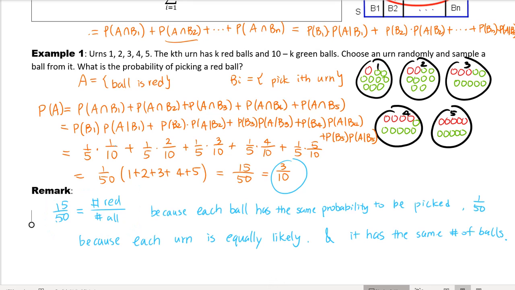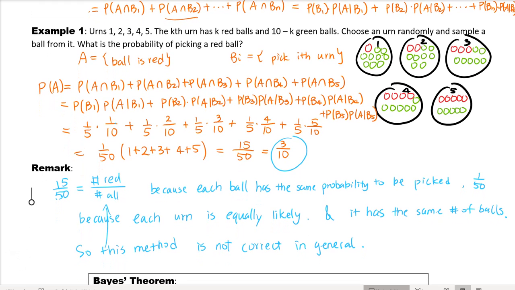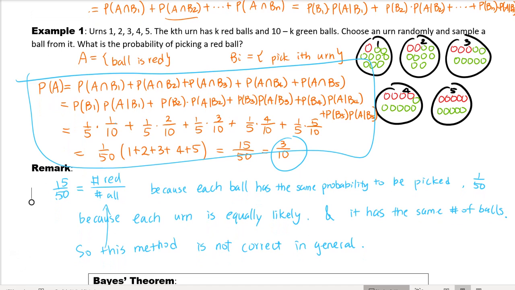So this method does not work in general. All right, so it means we still need to do this long way.